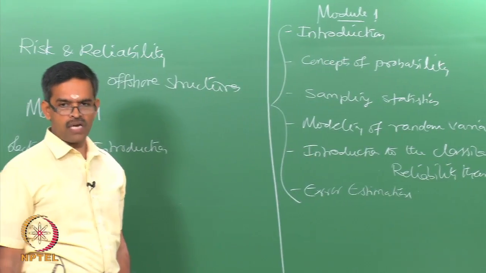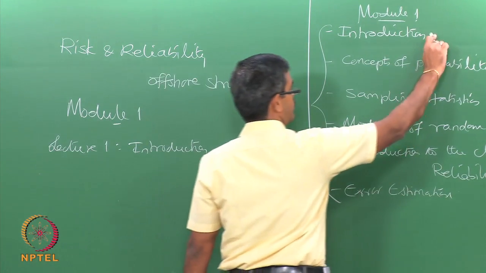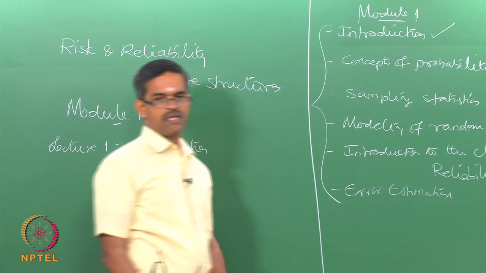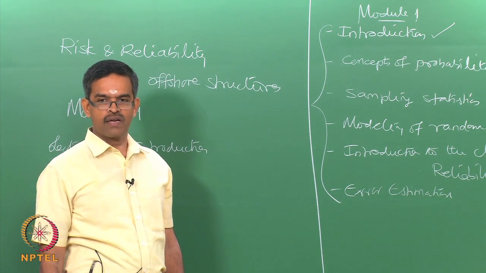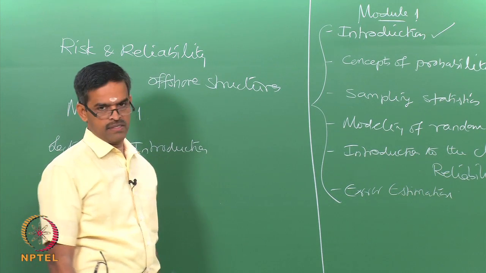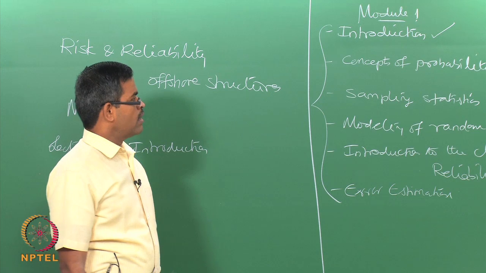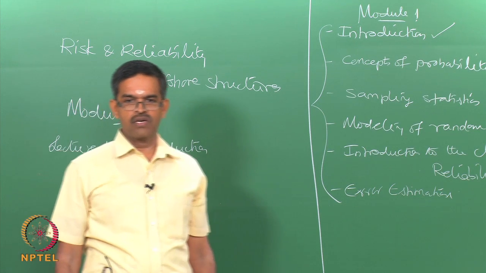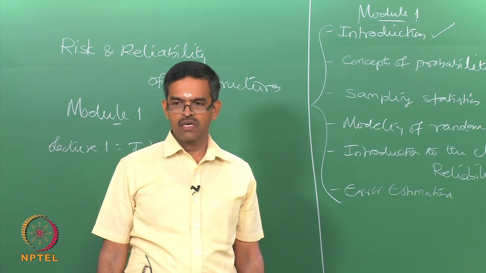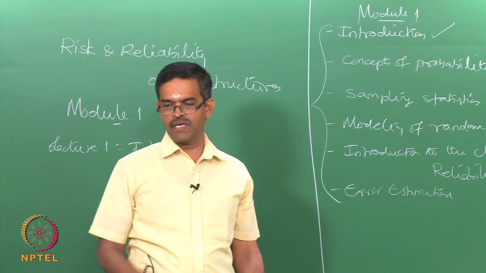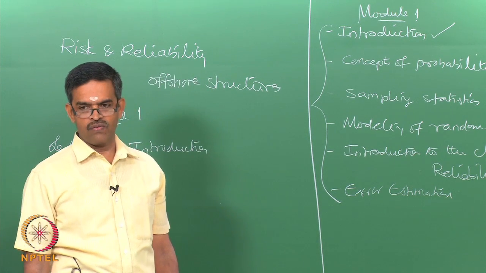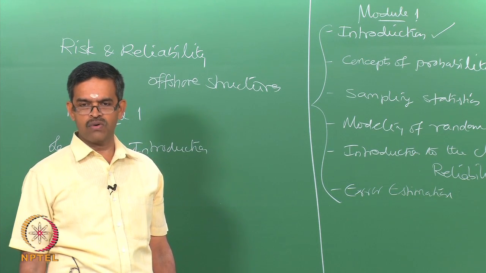Today we will start with the introduction to the first module and some important topics related to uncertainties. Regarding the detailed list of textbooks required for this course, please refer to the NPTEL website. We have given a detailed list of textbooks and reference books.